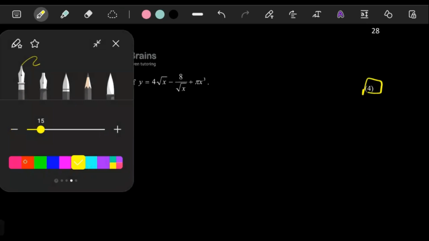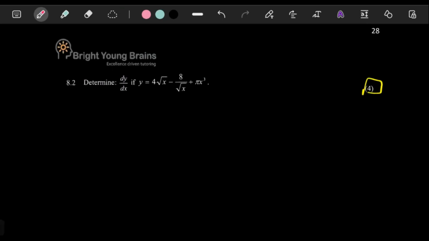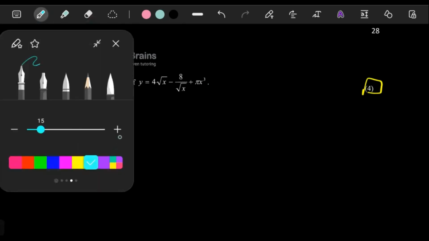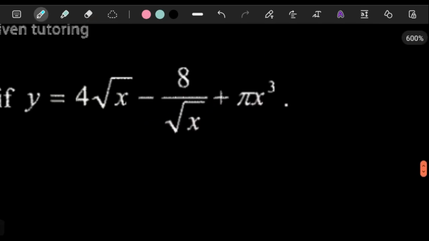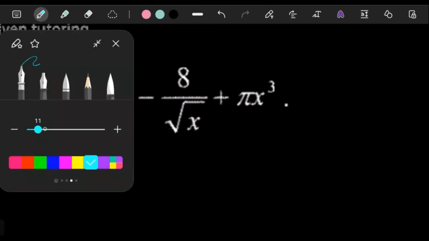It says: determine dy over dx, if this equation is what you have. Don't forget that pi is just a number. Don't get distracted by pi being there.